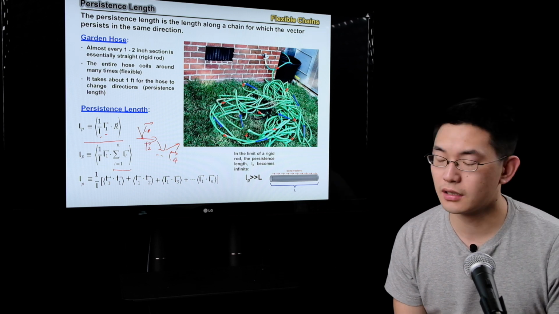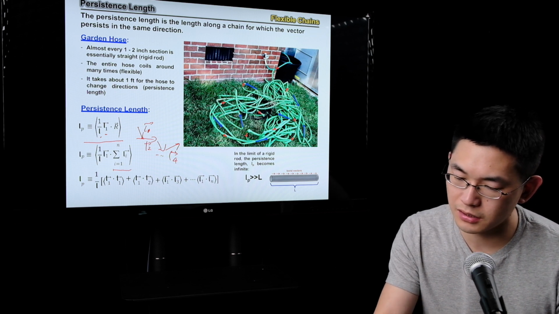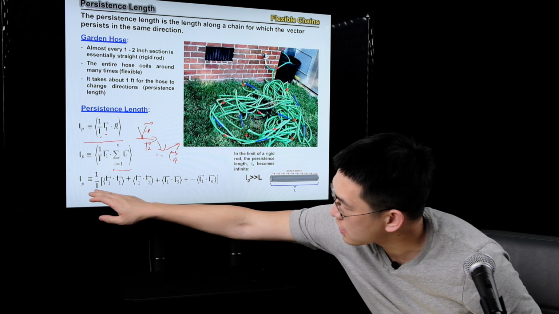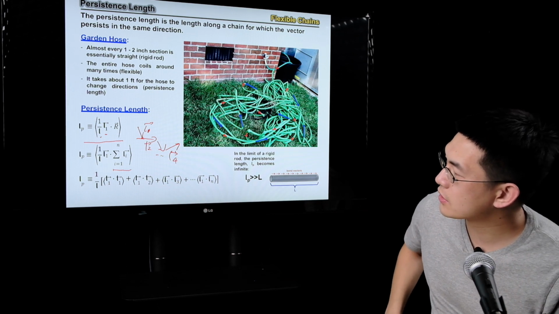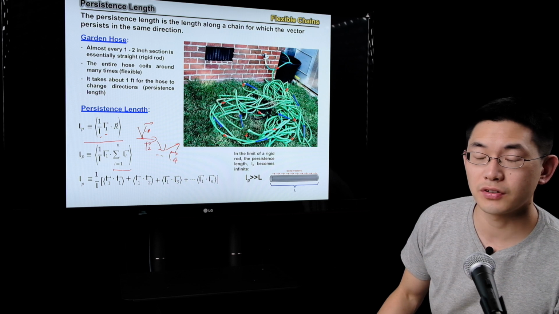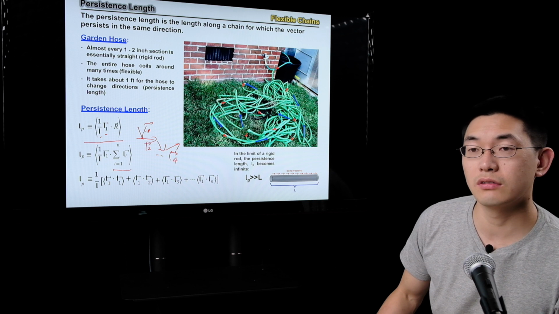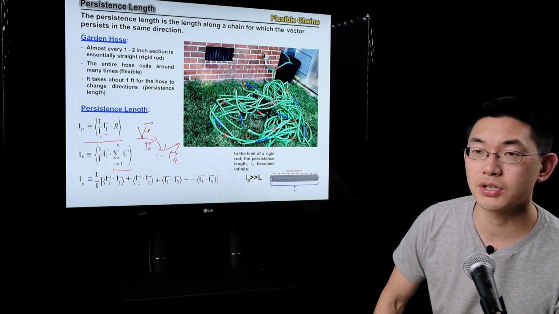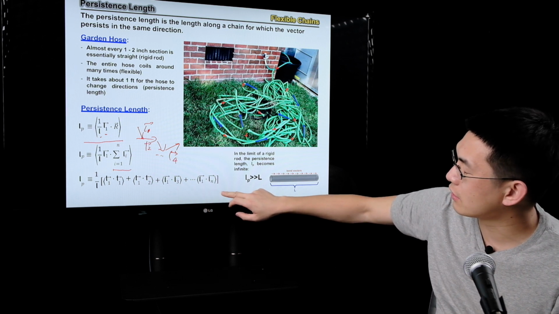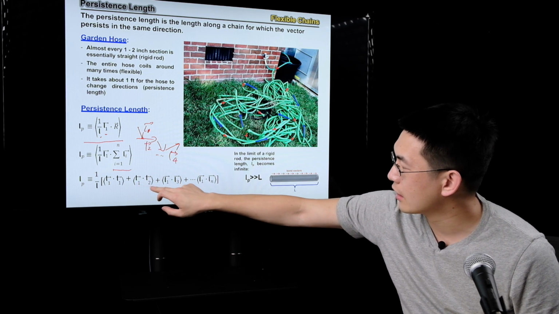All right, next, let's go through a little bit of math. This is the definition of persistence length. If we have a free rotation chain, or free joint chain, which means there's no bond limitation, the average of this term would cancel out for L1, L2.